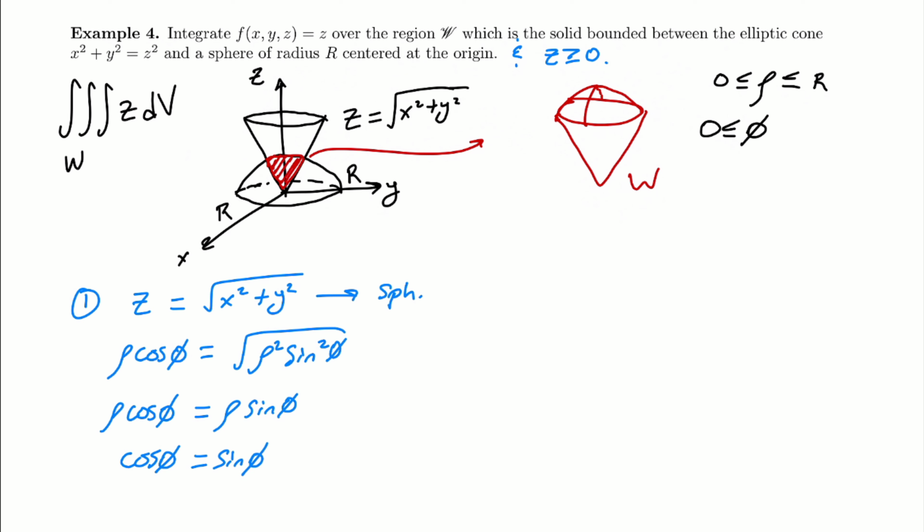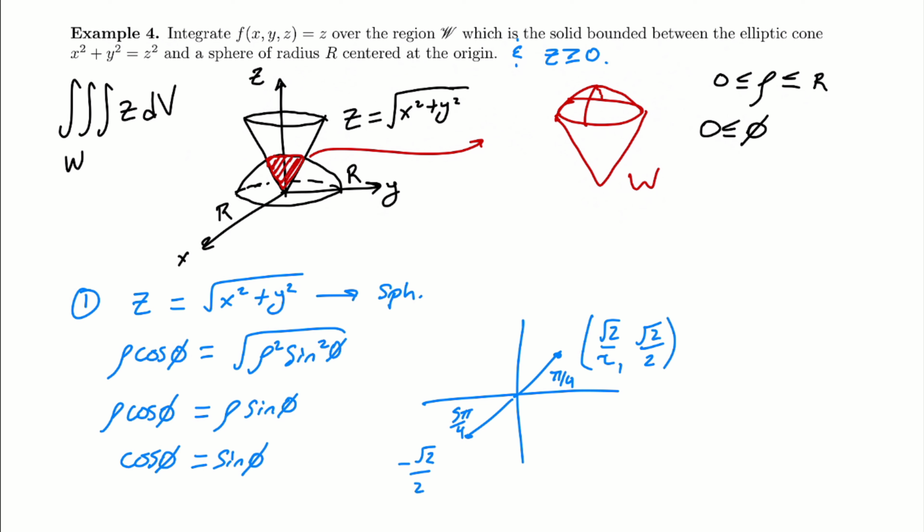So at what angle phi is the cosine of phi equal to the sine of phi? There's two locations where this happens. It happens here at pi over 4, because then you have root 2 over 2, root 2 over 2. And it happens again down here at 5 pi over 4, where you have negative root 2 over 2 and negative root 2 over 2.